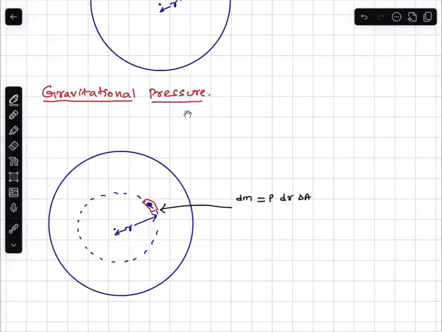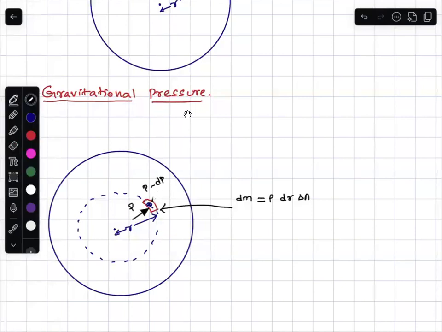And at this point, can you please help me in writing intensity of gravitational field? Otherwise, I am not convinced. What I believe is at this point, you may have pressure P minus dP. At this point, I will have a pressure P. Actually, as you go down, pressure increases.